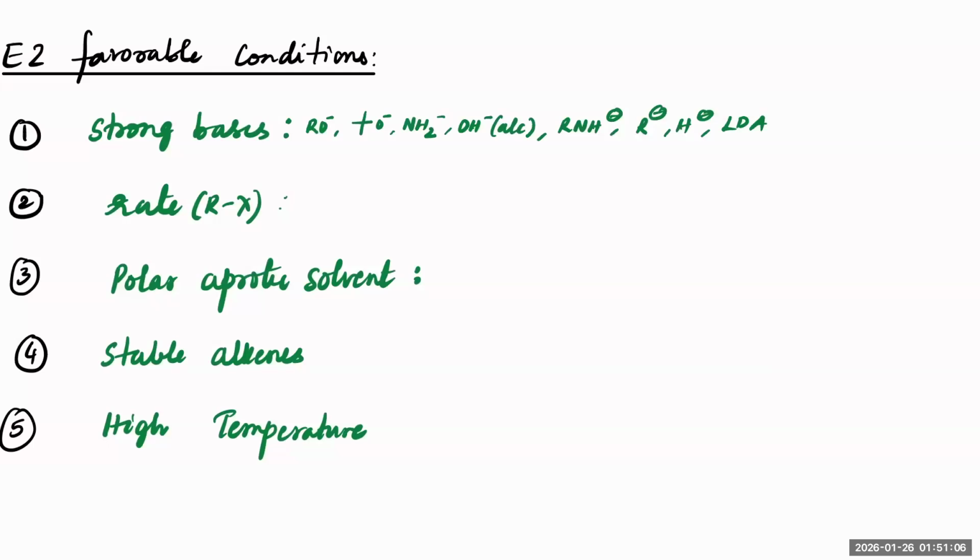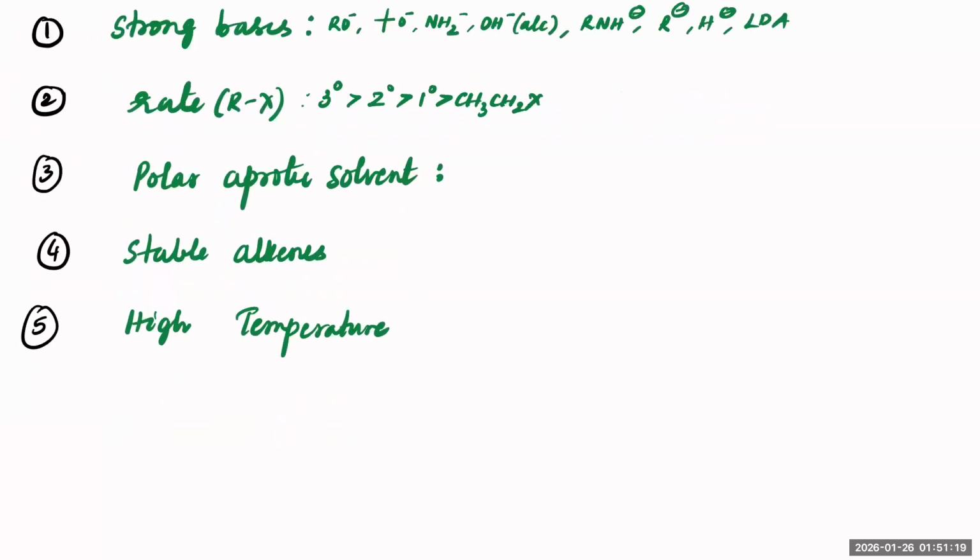Next, if it comes to rate of reaction, you will see 3-degree alkyl halide is more favorable than 2-degree, then 1-degree, then CH3, CH2X, ethyl. Aprotic solvents are most favorable for E2 mechanism, like ethers, like ketones. Got it?